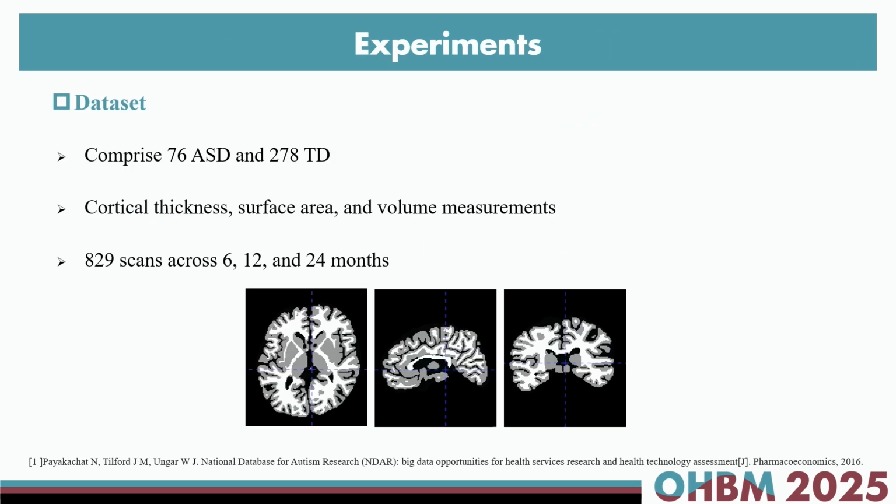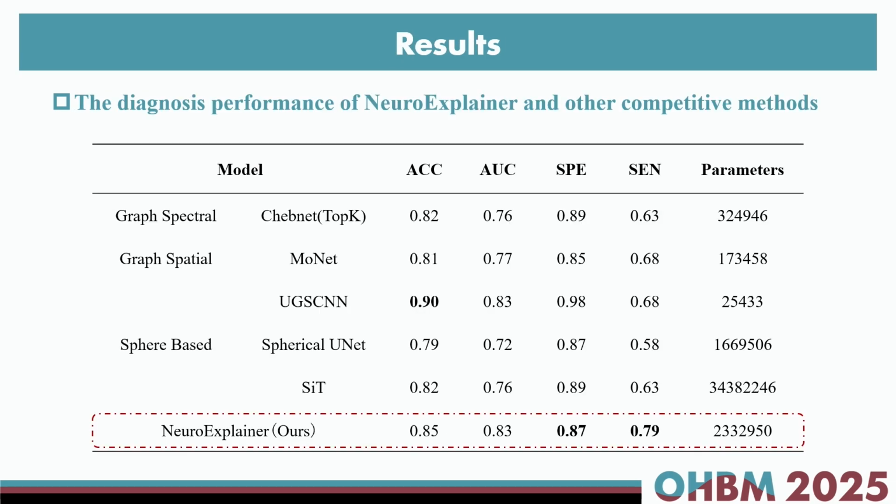We tested NeuroExplainer on the IBIS dataset, a major longitudinal study of ASD infants. It includes 76 ASD versus 278 TD infants with 829 MRI scans taken at 6, 12, and 24 months. For each scan, we used 3 core metrics: cortical thickness, surface area, and volume.